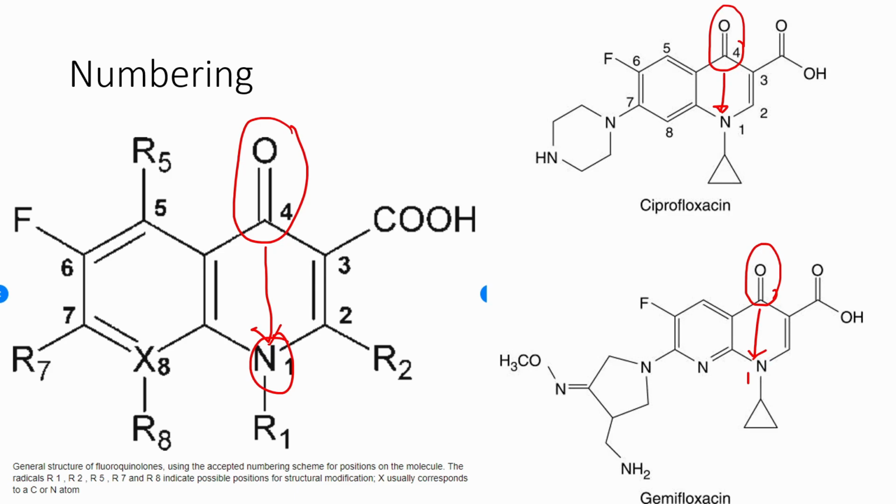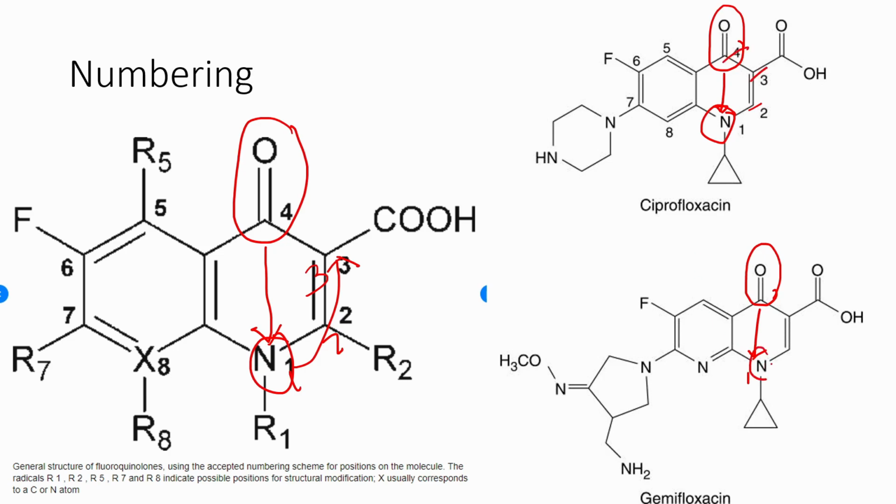Now, the next thing you need to know is the direction of counting. Now, once you know which is nitrogen number 1, you're going to count towards carboxylic acid. So, since carboxylic acid is going here, the count is going here. 1, 2, 3. Let's have ciprofloxacin. 1 going towards our carboxylic acid. 2, 3, 4.